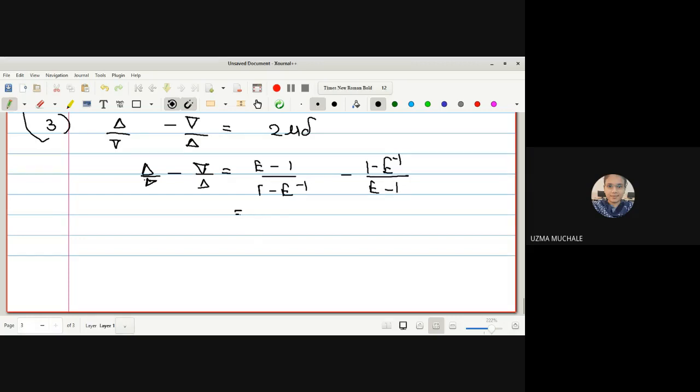Simply we have to multiply. Take an LCM.